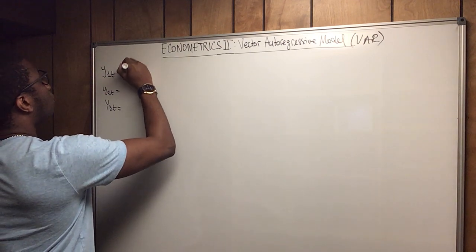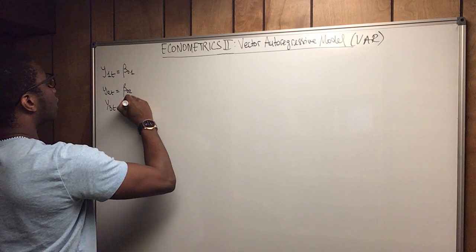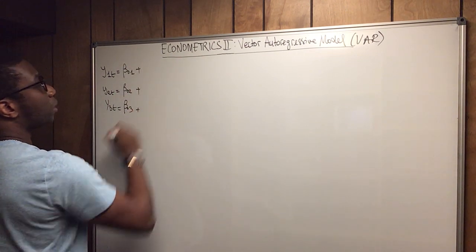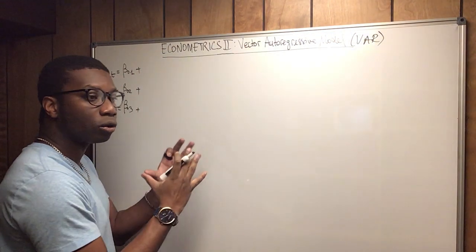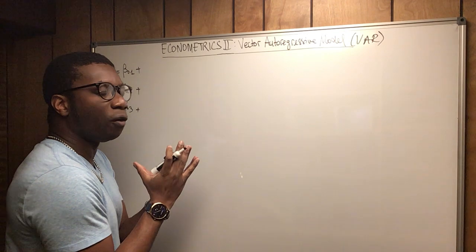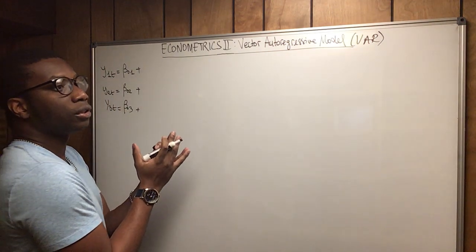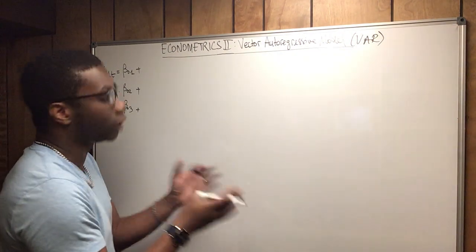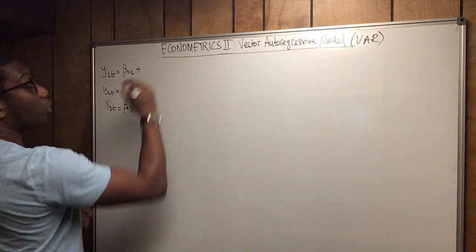So beta 01, beta 02, beta 03. Okay, plus, plus, plus. Now we're going to group all the coefficients that go with the first predictor, which is t minus 1.